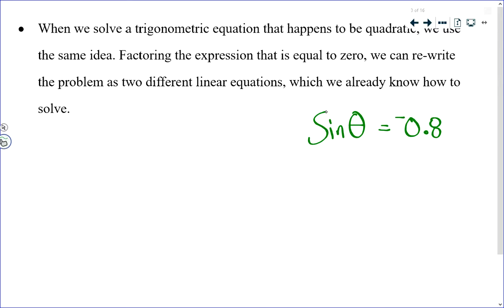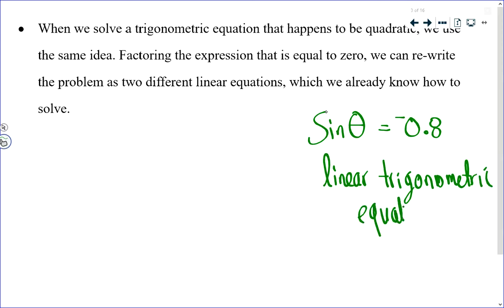And this is considered a linear trigonometric equation. It's trigonometric clearly because it contains a trigonometric ratio as part of what you have to try to unwrap to solve for theta, but it's linear because the variable that you're taking the sine of in this case is raised to the 1. Linear expressions have degrees of 1 or powers of 1.